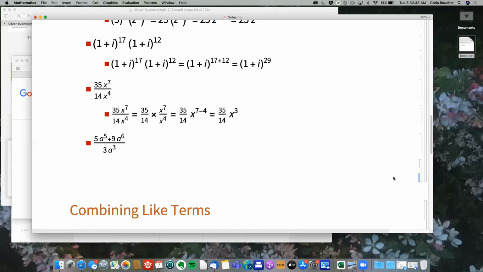So none of these are like terms, right? Here are some like terms: 6q to the 4th and 19q to the 4th. Those are like terms. Like terms only differ in the coefficient, nothing else. If the variable is different or the exponent is different, they're not like terms. And only like terms can be combined with addition.